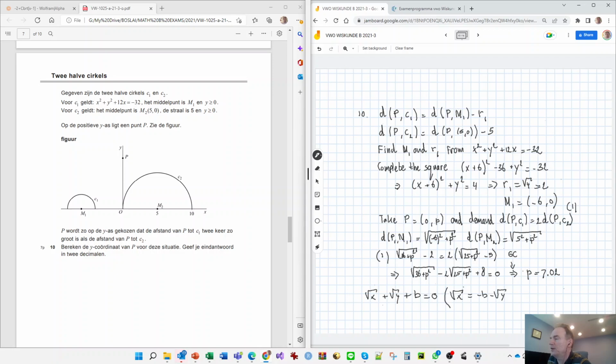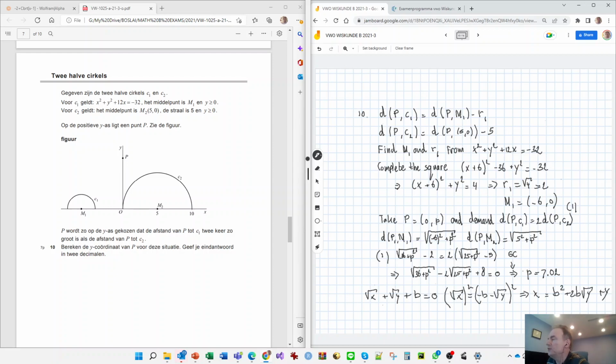You take the square, so you get x equals b squared plus 2b square root of y plus y.